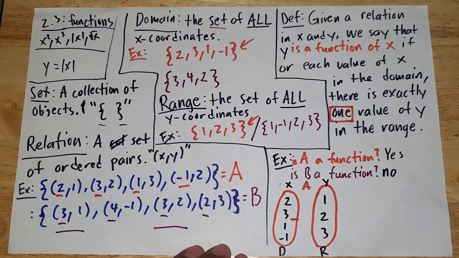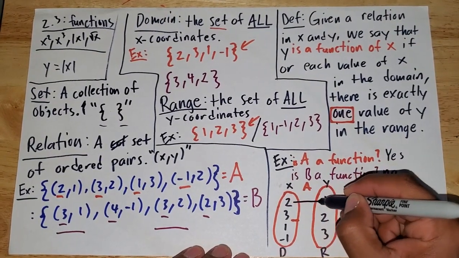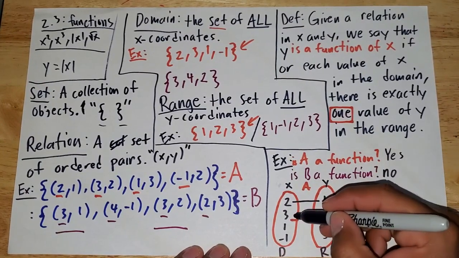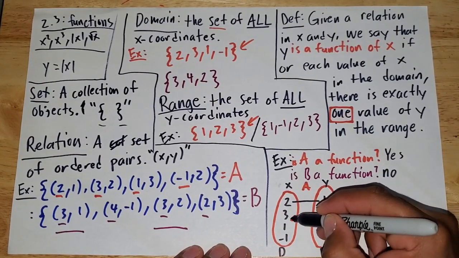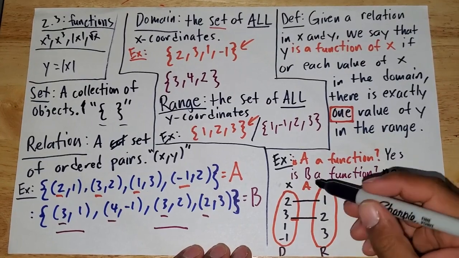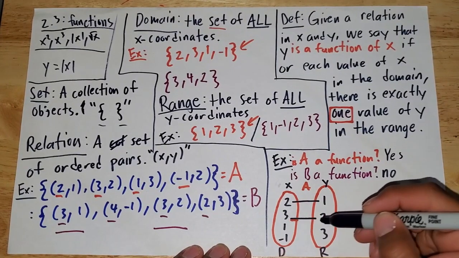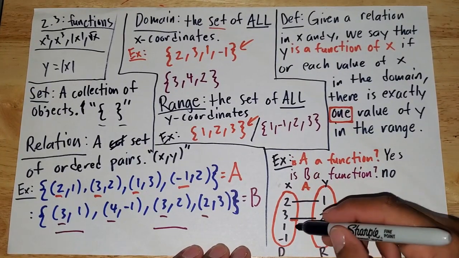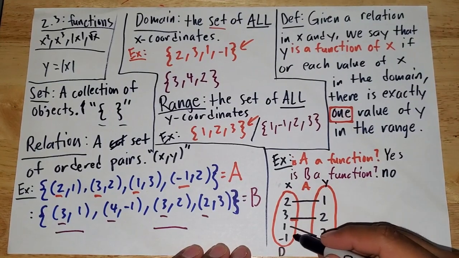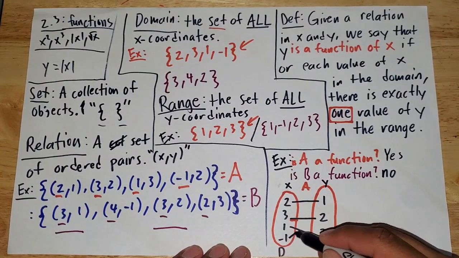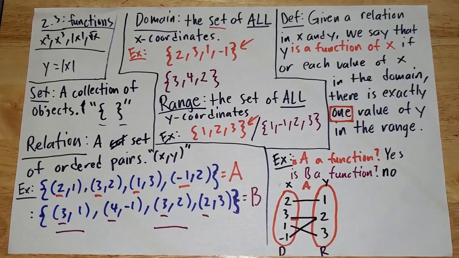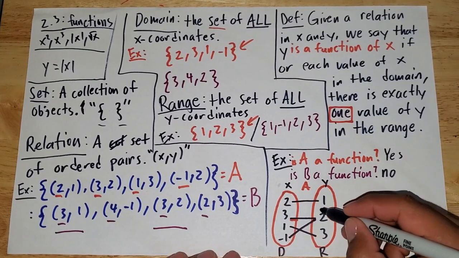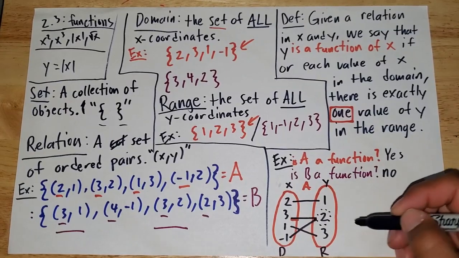But we have to see, remember, this 2 corresponded to 1. This 3 corresponded to 2. This 1 corresponded to 3. But then this -1 corresponded to 2. So here you can see how these two are going to exactly one y value.